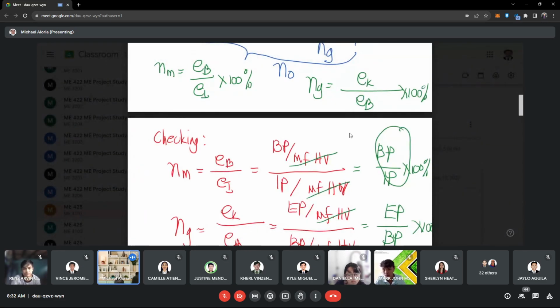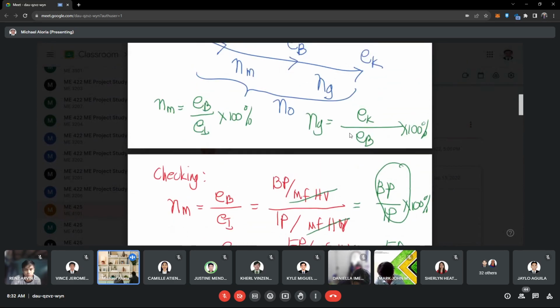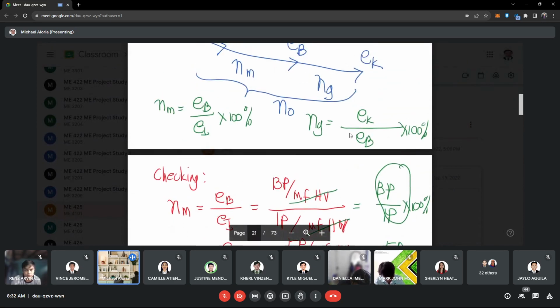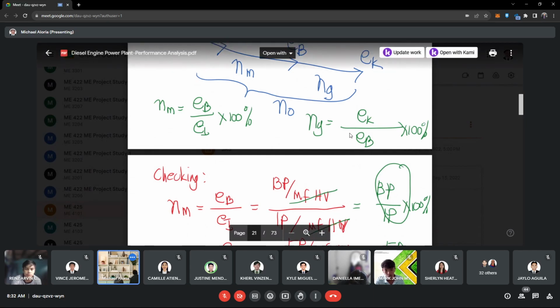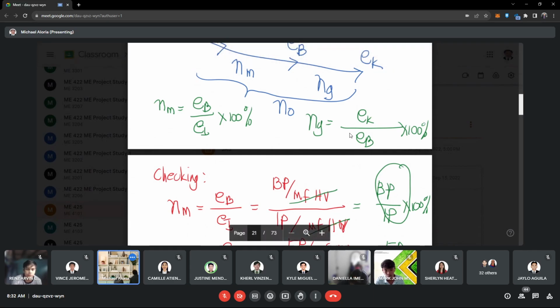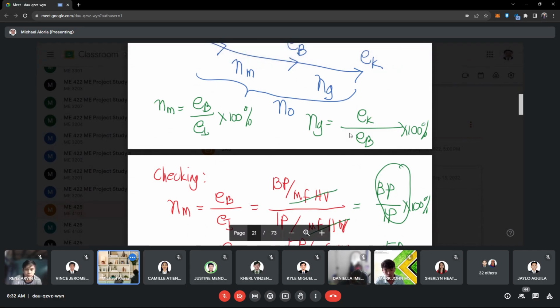So, we are back at the original equation. The relation is correct: the mechanical efficiency is a function of brake thermal efficiency over indicated thermal efficiency. This means you can measure the mechanical efficiency without knowing your brake power and IP. If you only know the brake thermal efficiency and indicated thermal efficiency, we can directly measure your mechanical efficiency.